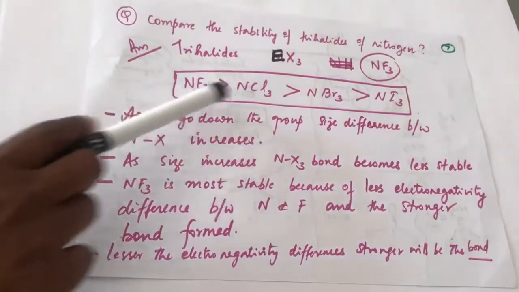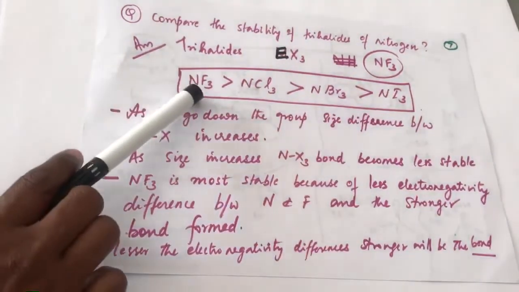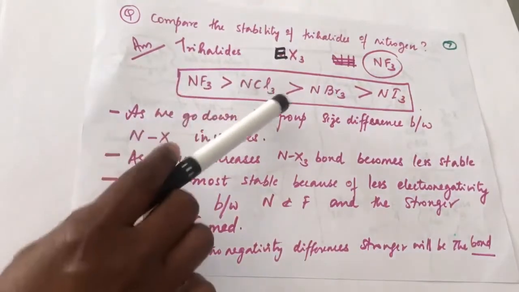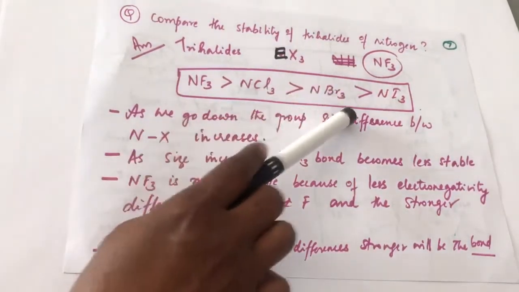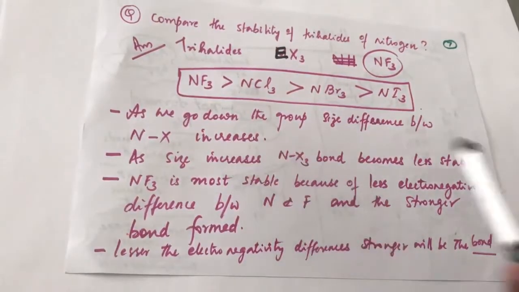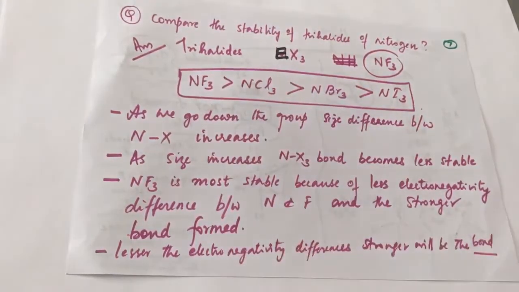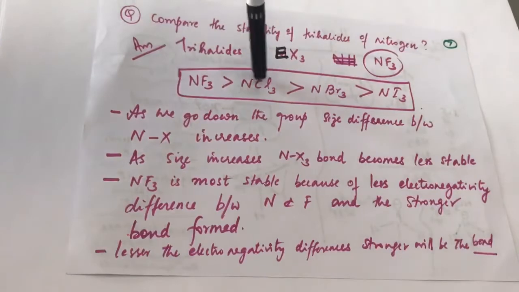Now nitrogen is common here. Now we have to put fluorine 3 atoms here, then chlorine 3 atoms, bromine and iodine. Then only we can compare the stability of the trihalides, because we are basically talking about the trihalides of nitrogen. So as we go down the group, what happens? The size difference between the N and X increases. See, this nitrogen remains the same, here also nitrogen, here also nitrogen.